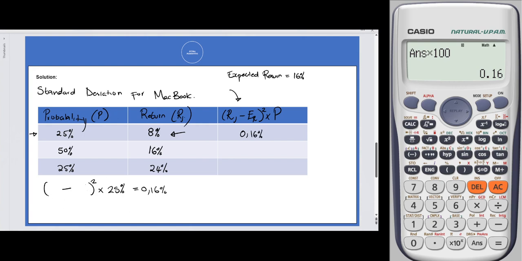We say our return is 16%, minus the expected return, which is the one we calculated previously, 16%, times the probability, which is 50%. This one right away will give us 0%. Why so? Because 16 minus 16 is going to give us 0, so we don't need to calculate this one.